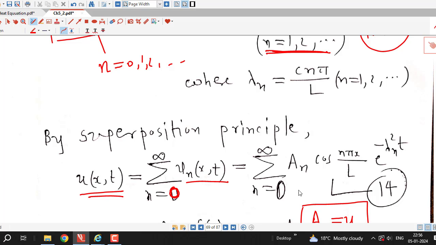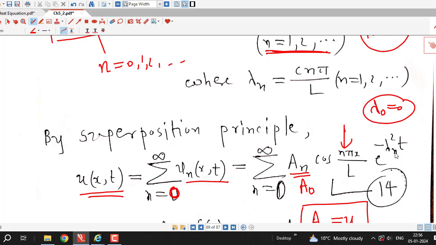up to infinity, an cos n pi x by L e raised to minus lambda n square t. For n equal to 0, if I take n equal to 0, this is a0, this is going to be cos 0 which is 1, and here also e raised to minus lambda n square t, and n is 0 and lambda 0 is 0 in that case.